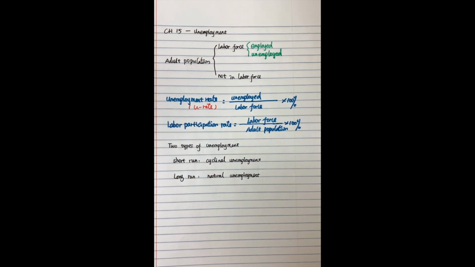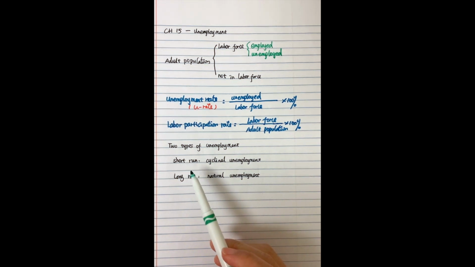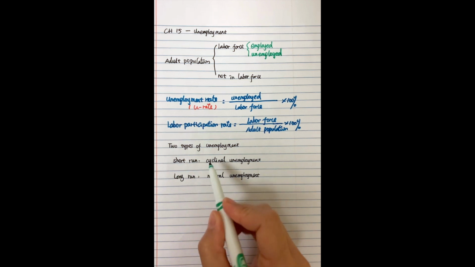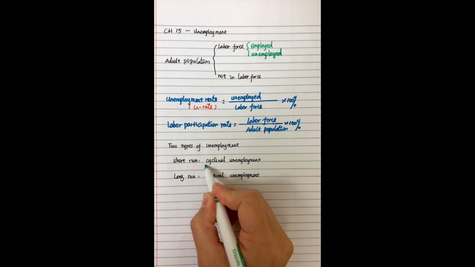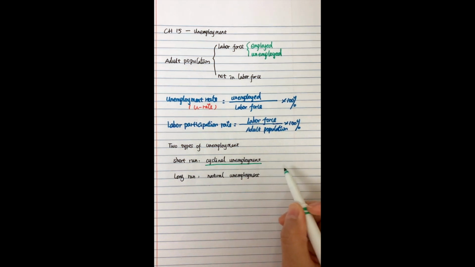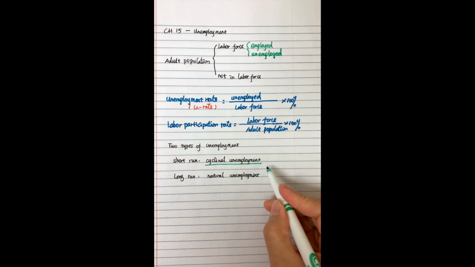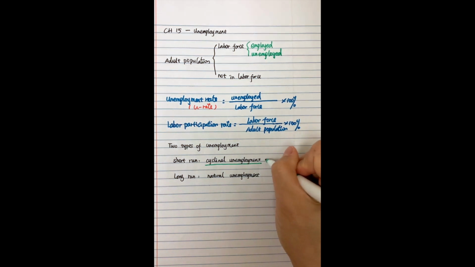Then I would like to talk about two types of unemployment. When we talk about unemployment, we refer to unemployment in the short run and unemployment in the long run. Unemployment in the short run has a special name, which is cyclical unemployment. This cyclical unemployment is always related to the business cycle, okay?